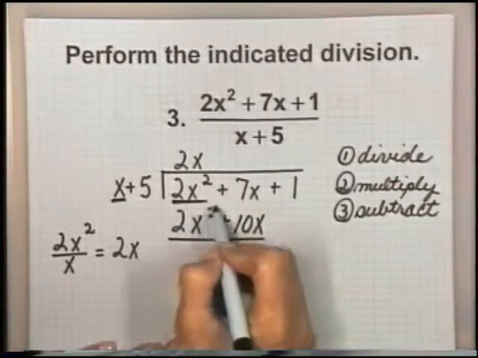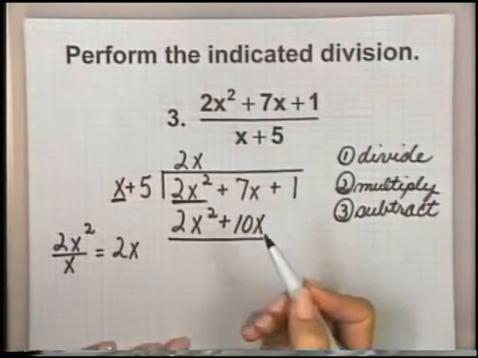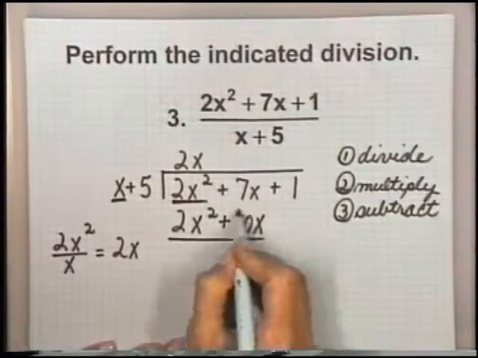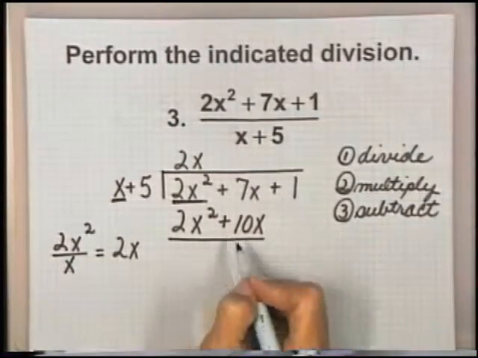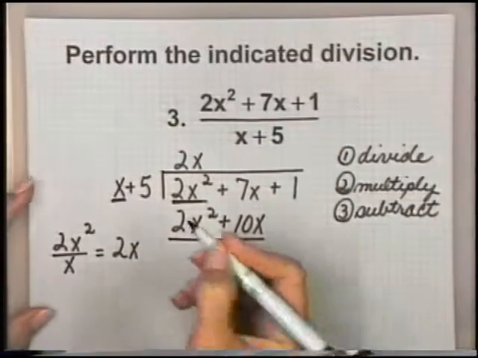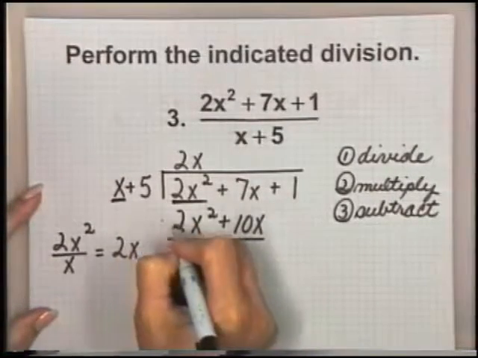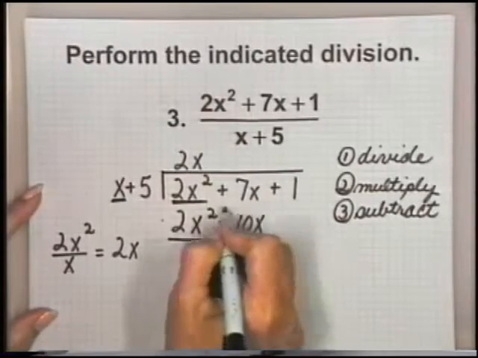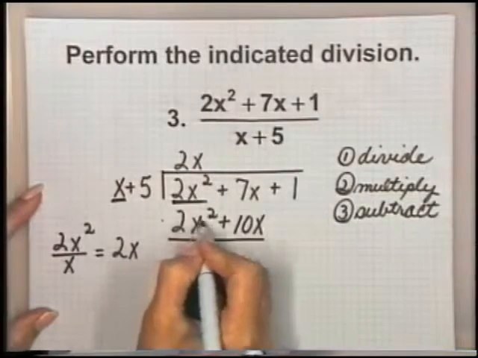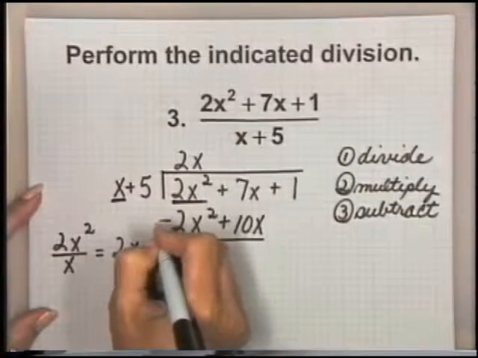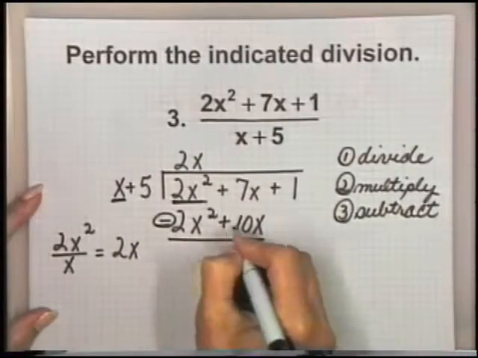Now I take this polynomial, 2x squared plus 7x, and I subtract from it this polynomial, 2x squared plus 10x. Remember, when I subtract, I need to change the sign of these two lower terms. So since this 2x squared is positive, it will become negative.